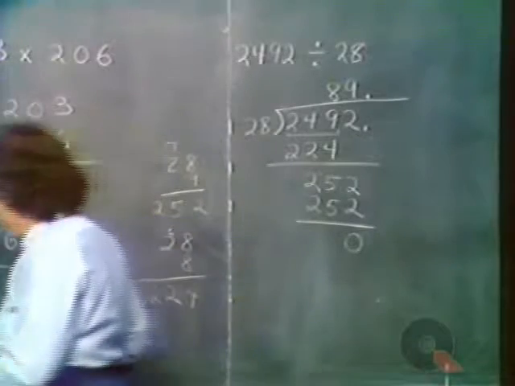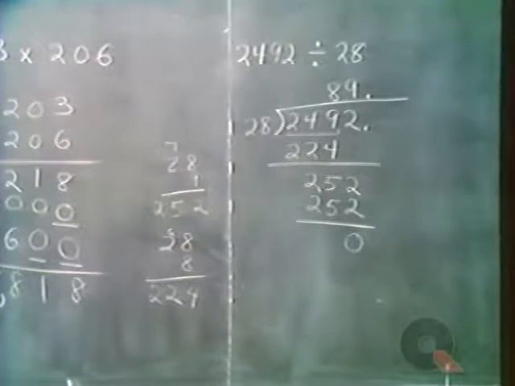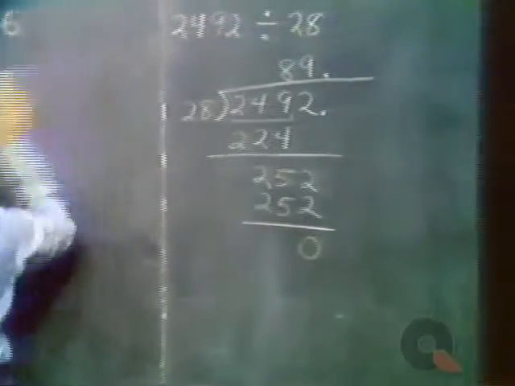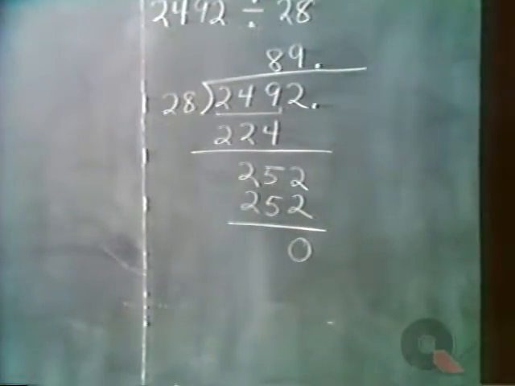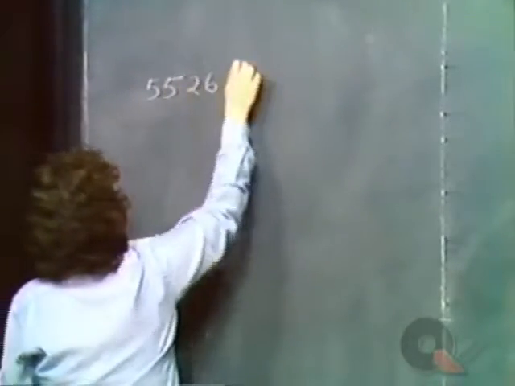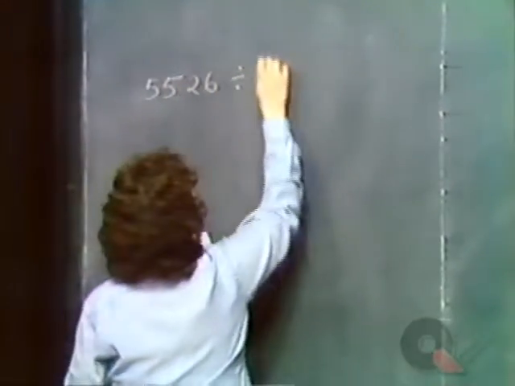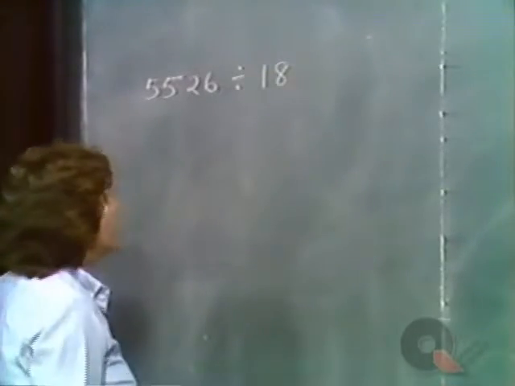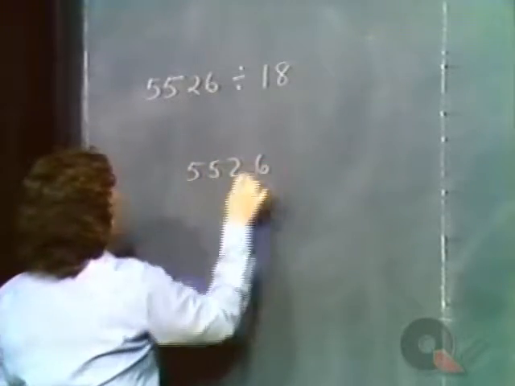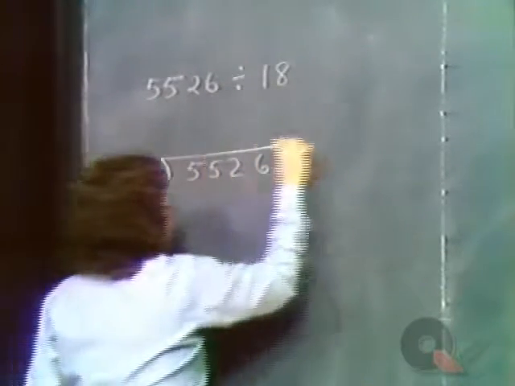Okay, let's try some more of these. How about 5,526 divided by 18? Okay, you would rewrite this as 5,526 divided by 18.